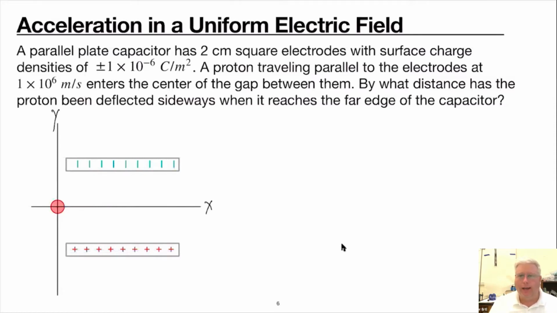And so what's going to happen? What does the electric field look like inside the parallel plate capacitor? The field lines point from the positive plate to the negative plate. So we're going to have field lines like this, all the way throughout.